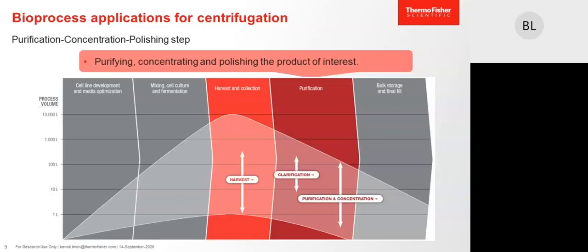You can answer the question to everyone using the chat box that should be displayed on the screen. Let's see if it works, and give me a few answers. Are you using a centrifuge for harvest, for clarification, or for purification?